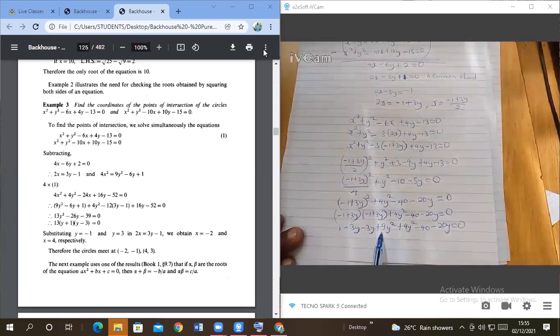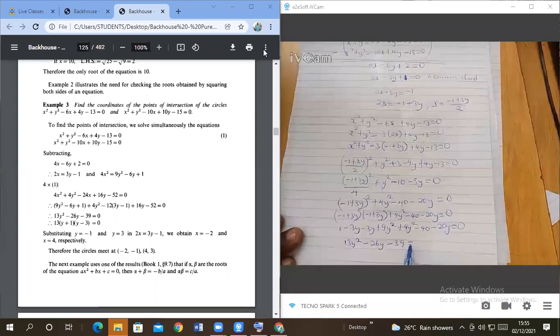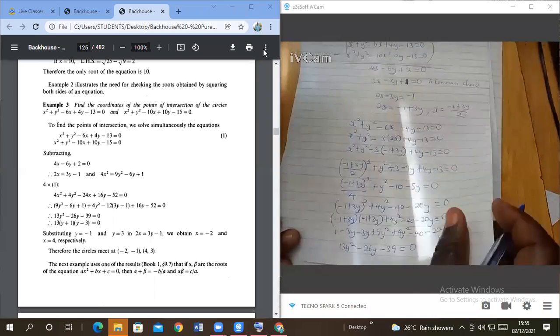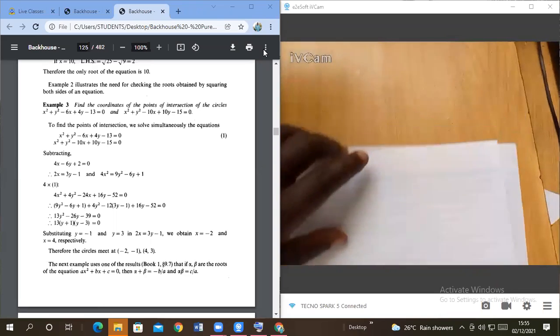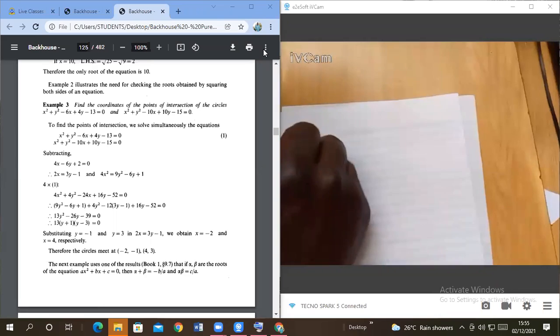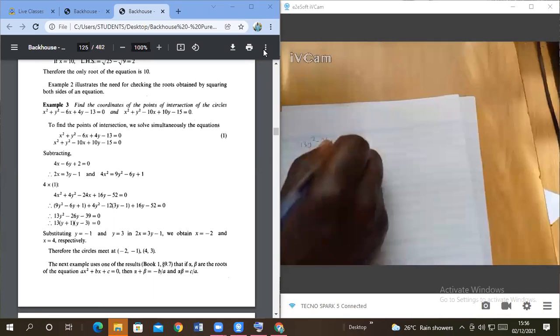So we collect the like terms, starting with the terms in y squared, which gives us 13y squared. Negative 6y minus 20y is negative 26y. Then 1 minus 40 is negative 39, which should give us 0. So 13y squared minus 26y minus 39 is equal to 0.